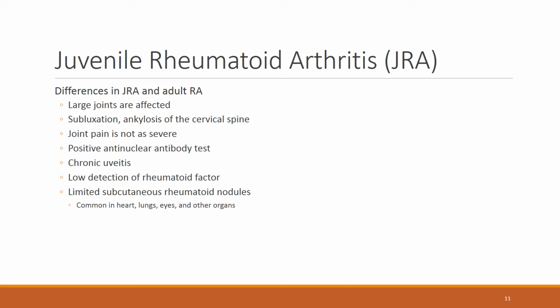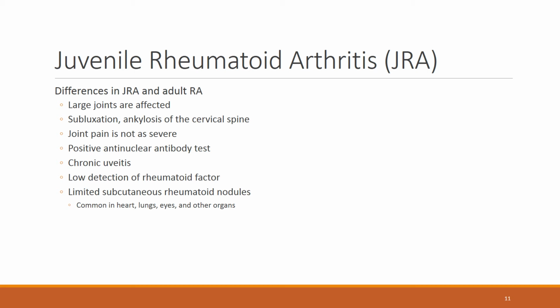So you may know that there is some type of inflammation in the body, but where it is, we are not certain. Chronic uveitis, and at the same time low level of rheumatoid factor, and limited subcutaneous rheumatoid nodules.